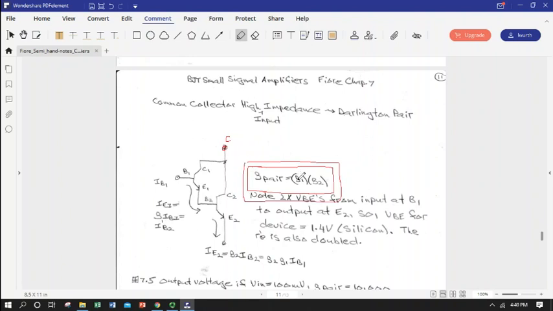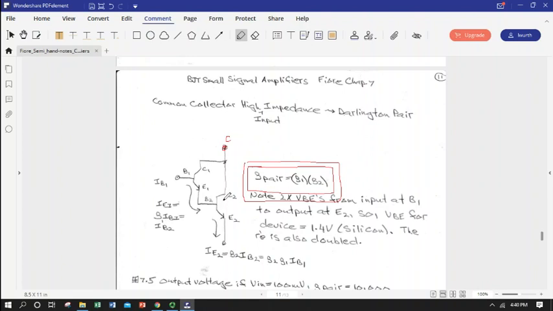Beta for a typical BJT is 100, 10 to the second, now we have 10 to the fourth. Beta is huge. We won't realize this with voltage gain, because it's the common collector. It's still going to have a gain of 1, but we're going to get an enormous current gain out of this. So if you needed a lot of power, a lot of current for something, this is going to do a lot of good for you.